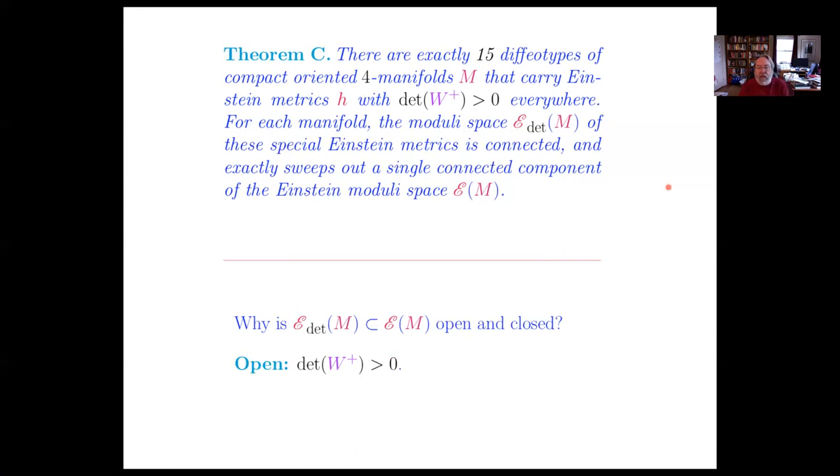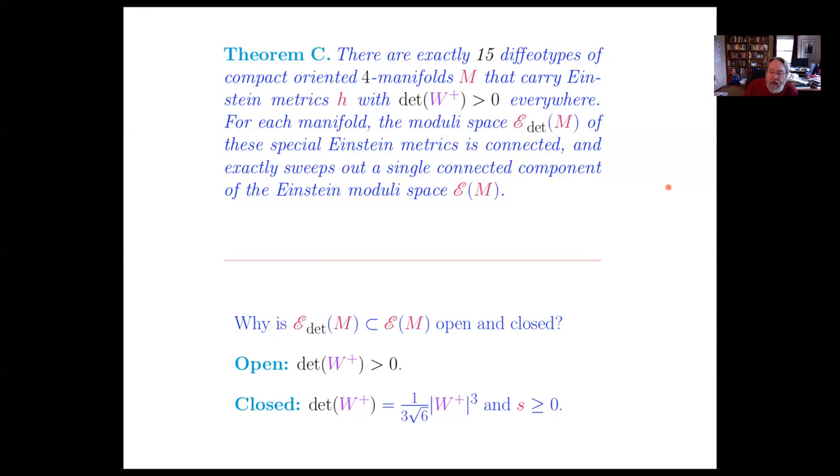Well, the condition that the determinant of W plus is positive is an open condition on Riemannian metrics, and you're just restricting that to Einstein metrics. It's open. On the other hand, one ends up showing that W plus is very special for these manifolds. There's always a repeated eigenvalue, and so they actually satisfy two closed conditions.